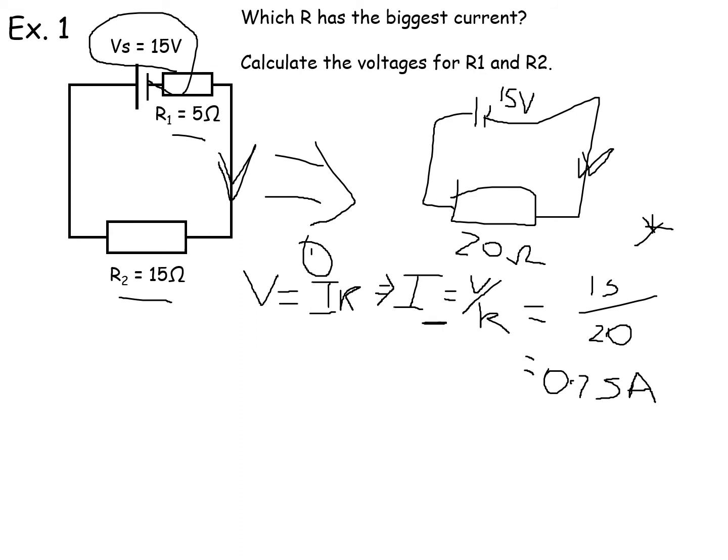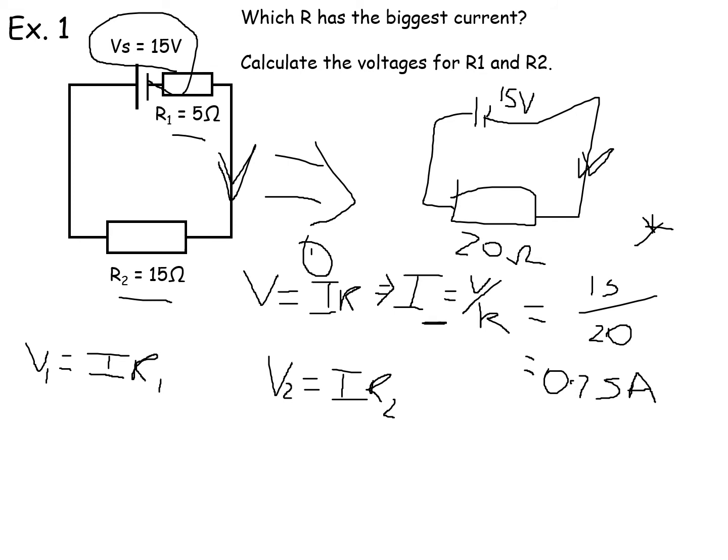So what we can now do is V1 is equal to I times R1, because we know that for that resistor, the current is going to be 0.75. We can do the same. V2 is equal to I, the same current, because it's constant, times R2.